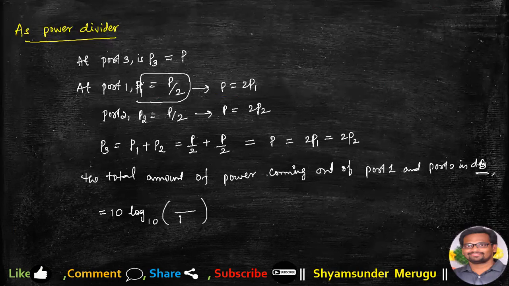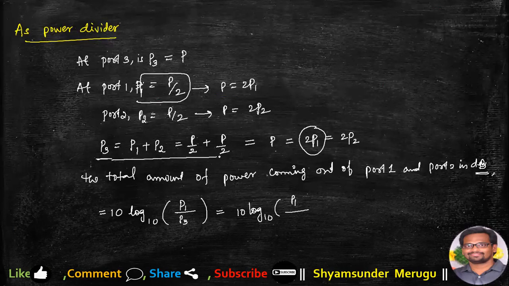The power that is input at port 3 and the power taken as output at port 1: we can write this as 10 log base 10 of P1 over P3, and P3 can be written as 2P1. Here this entire expression tells that. So we get 10 log base 10 of P1 over 2P1, which is 1 over 2.